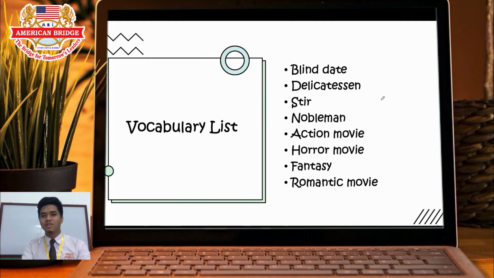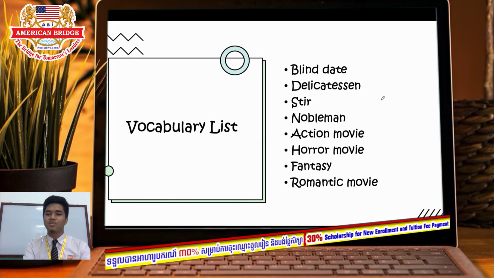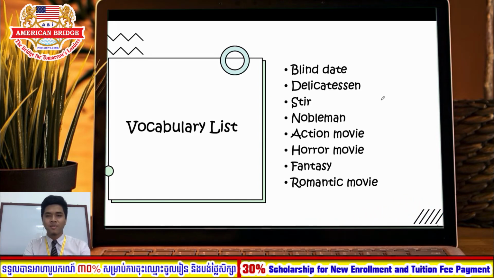Last but not least, you can also put the word that you learn into use. For example, put it into your writing. You can use the word in your conversations. So these are the vocabulary that will test all of you in test 2. We have blind date, we have delicacies, we have stir, nobleman, action movie, horror movie, fantasy, romantic movies, and there will be more.